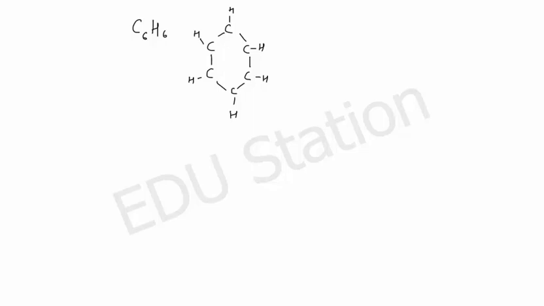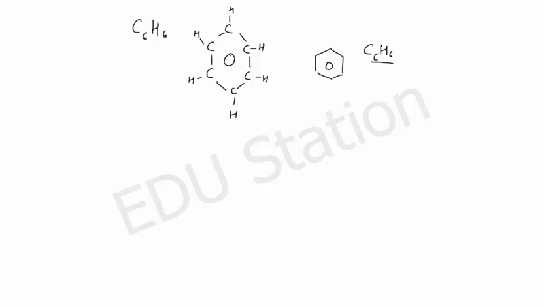The fourth bond of the carbon is a delocalized pi electron cloud, which is generally written as a circle in the middle, or you can draw 3 alternate double bonds. So the condensed version of this structure is generally written like this. This is representing 6 carbons, and to each carbon 1 hydrogen is attached. So the formula will be C6H6.